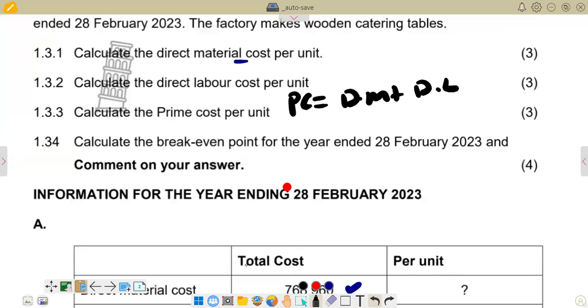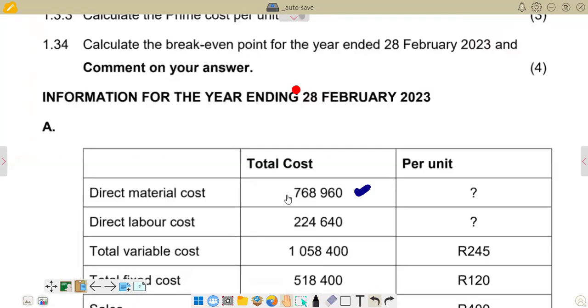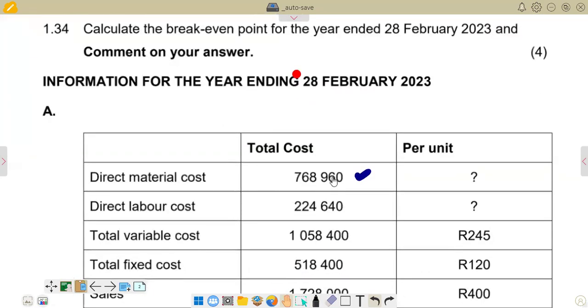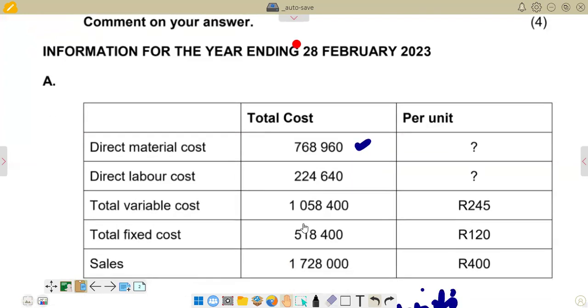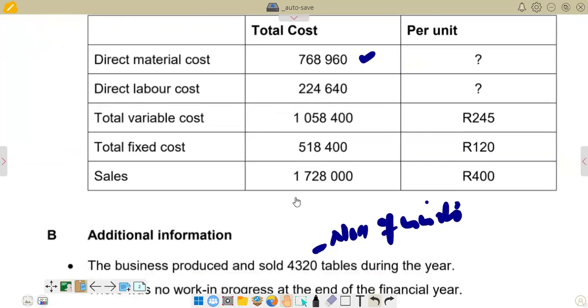So we add our direct material plus our direct labor to get the total prime cost, and divide by the number of units, which is 4,320. This is what we are going to do.